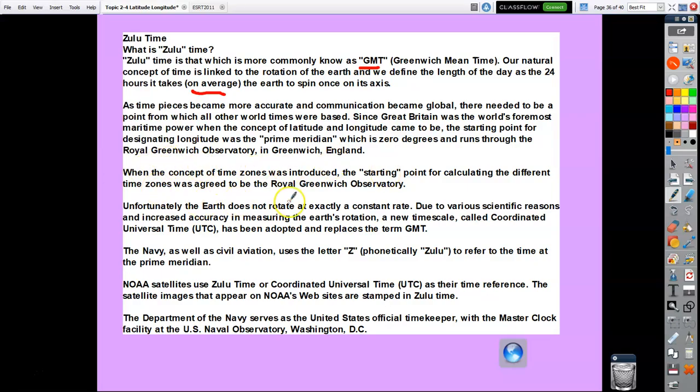When the concept of time zones was introduced, the starting point for calculating different time zones was agreed to be the Royal Greenwich Observatory. Unfortunately, the Earth does not rotate at exactly a constant rate.